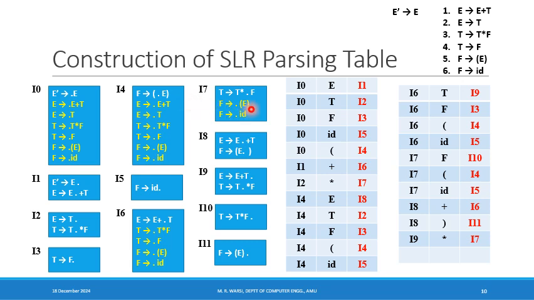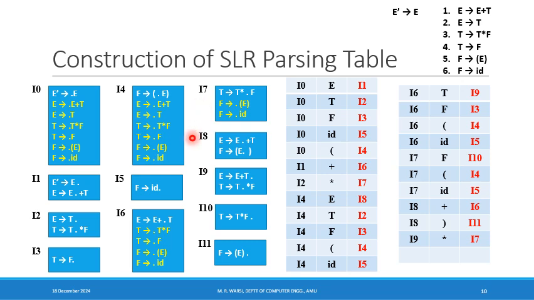So from I7 on opening bracket, I'll go to the I4 state. And looking at the last LR0 item in I7, from I7 on identifier, I'll go to the I5 state. So we have considered all the transitions which are possible from the I7 state.